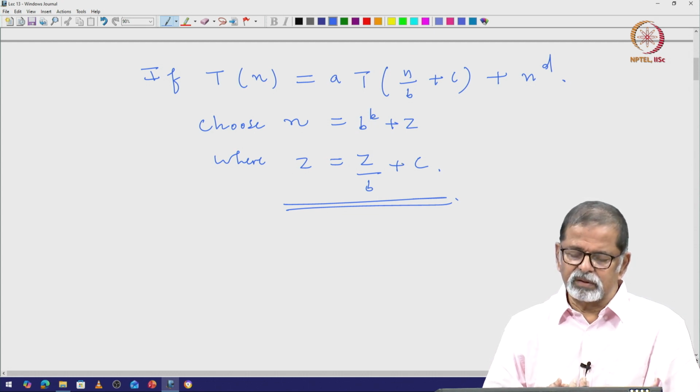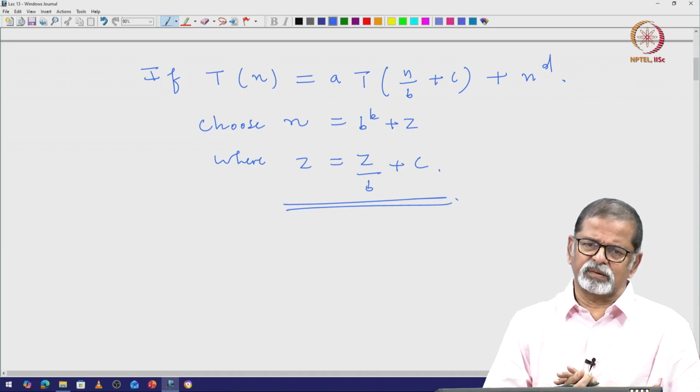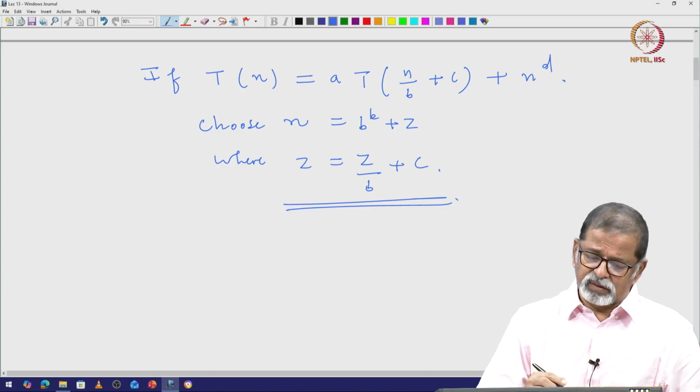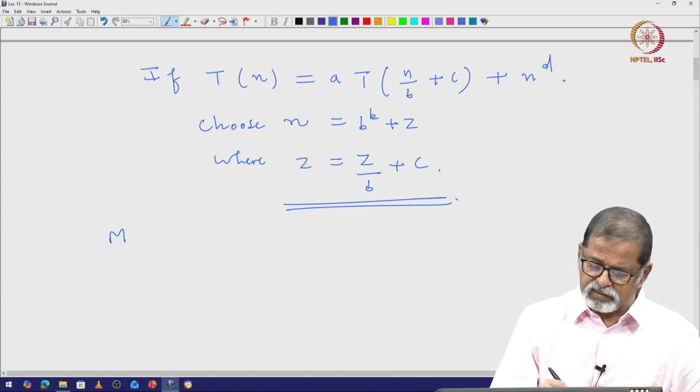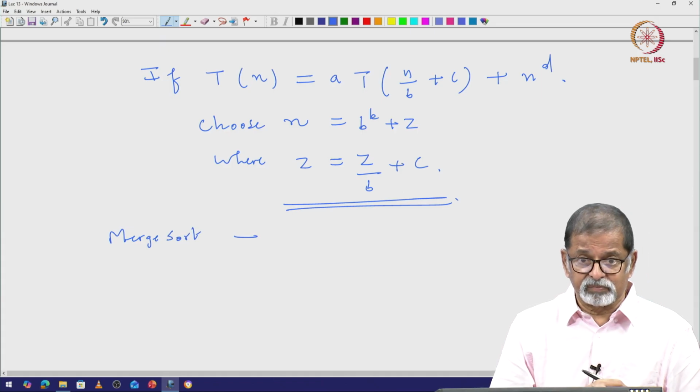Okay. So, to summarize whatever we have seen so far, merge sort is a canonical example.